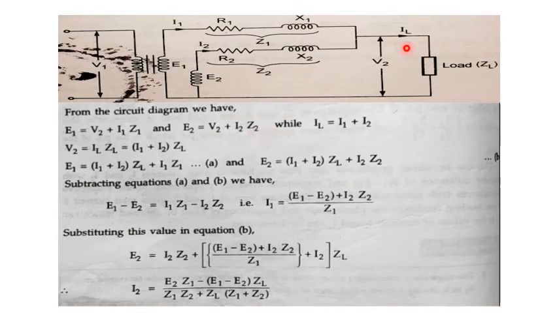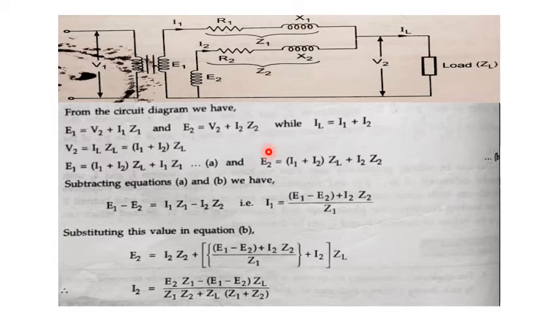Then what is the load current? Here the load current can be represented as the combination of these two currents, that is the secondary current of transformer 1 and the secondary current of transformer 2, that is I1 plus I2. So IL is equal to I1 plus I2.